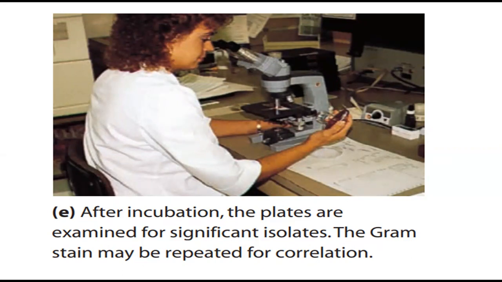You can also detect the structure of the microorganism through the microscope, whether it is round in shape, bacillus or rod shaped, or spiral in shape.